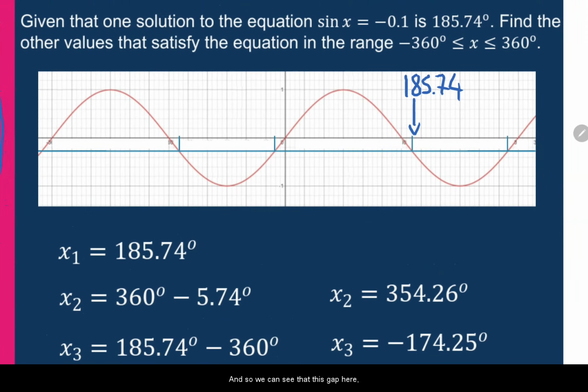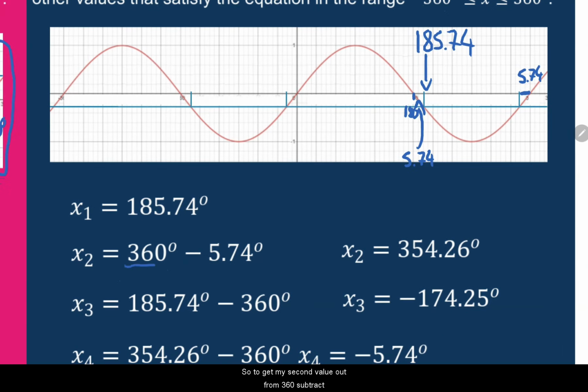And so we can see that this gap here, if this is 180, this little small gap here is 5.74. So this gap here is going to be the same because it's symmetrical. So to get my second value, I've done 360 subtract 5.74 to give me 354.26, which is that one, and the other one was 185.74 there. How do I get the other two answers?